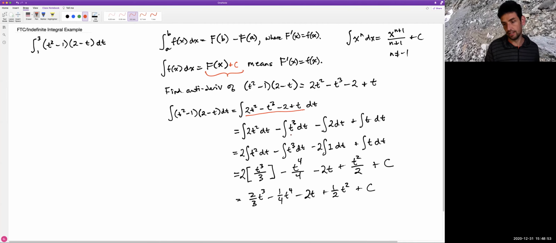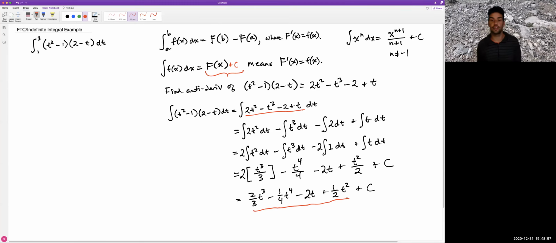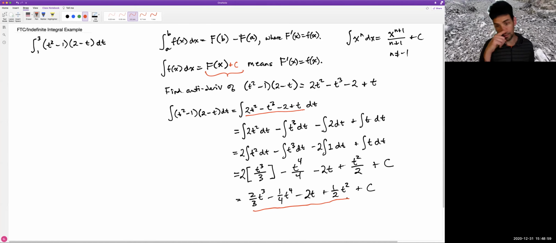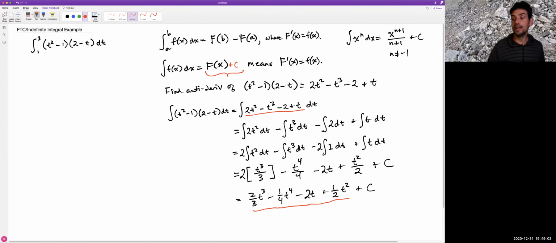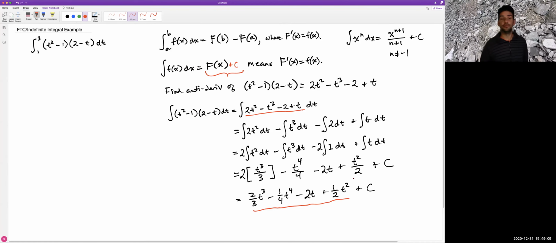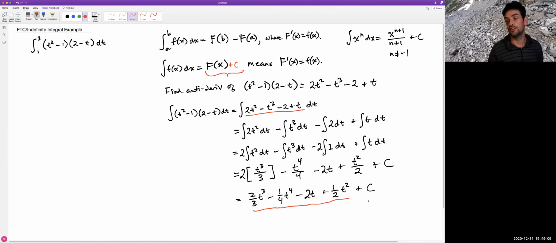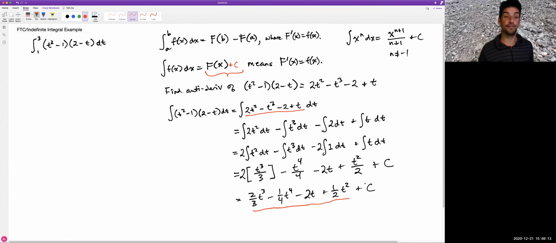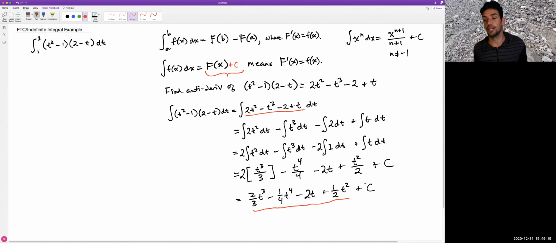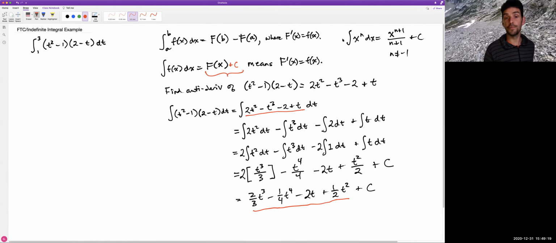I encourage you to check this result by taking the derivative, and then you could factor this to get back to what we started. Well, if you add a number on the end, no matter what that number is, when you take the derivative, it disappears. And so it doesn't change anything in terms of our antiderivatives to have any number there.